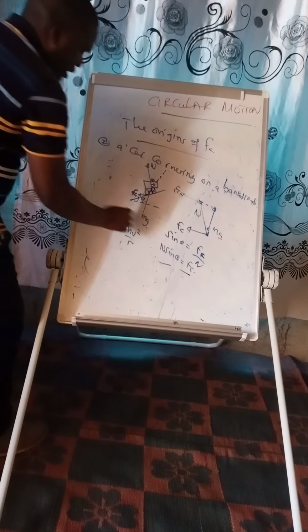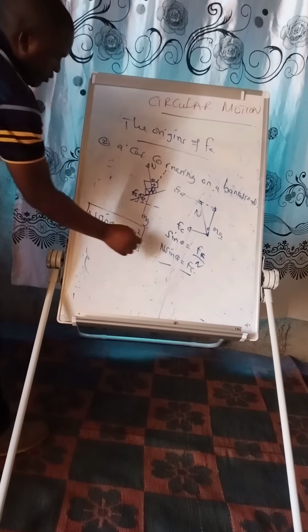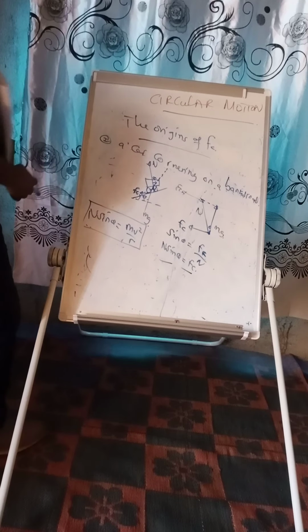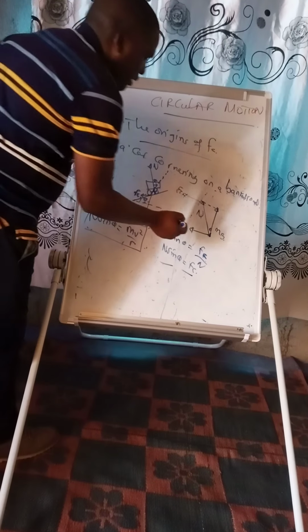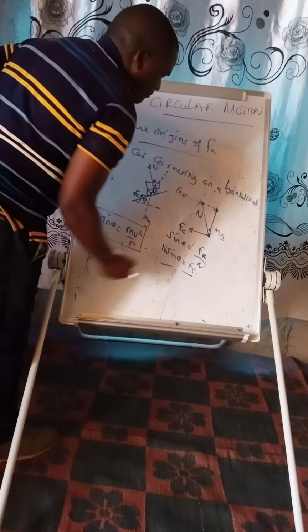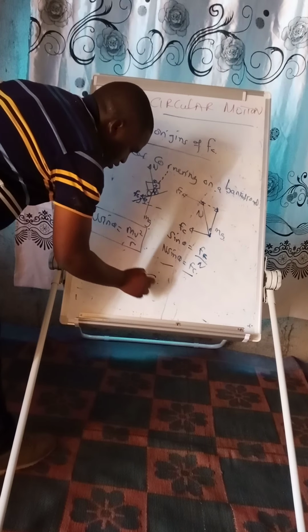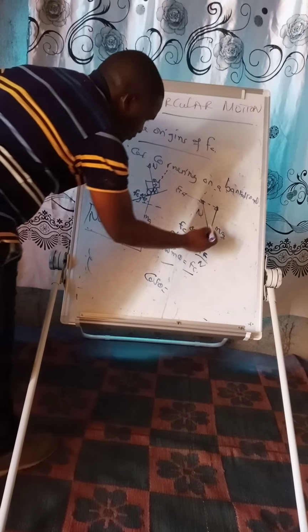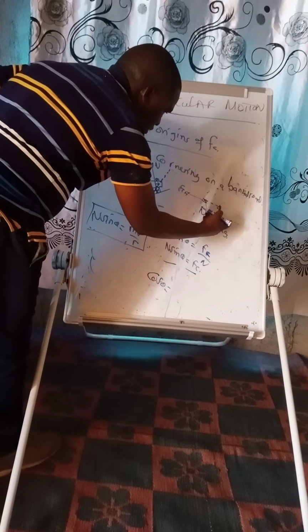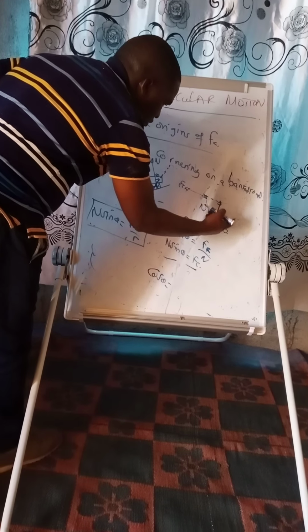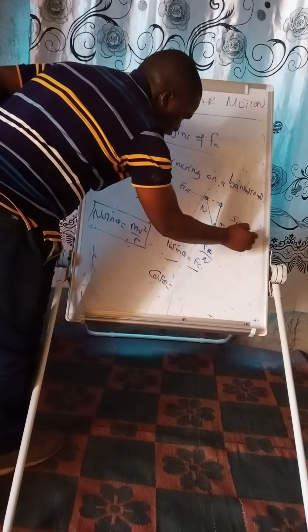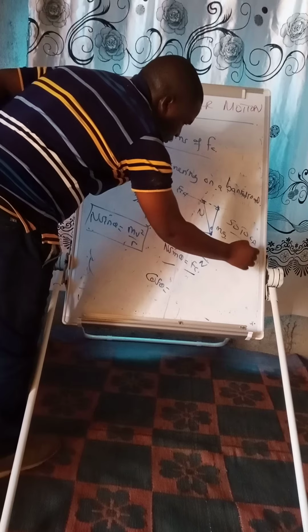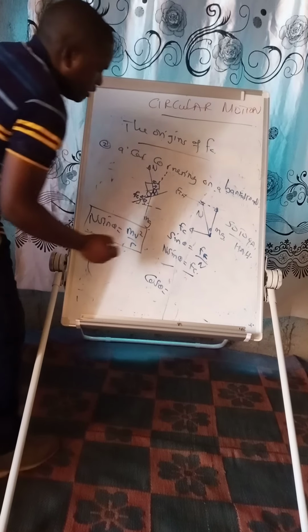So we can continue with this point. And if we want to find the vertical component, cos theta is equal to adjacent over hypotenuse.